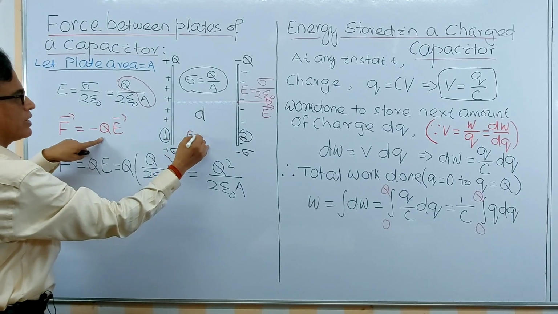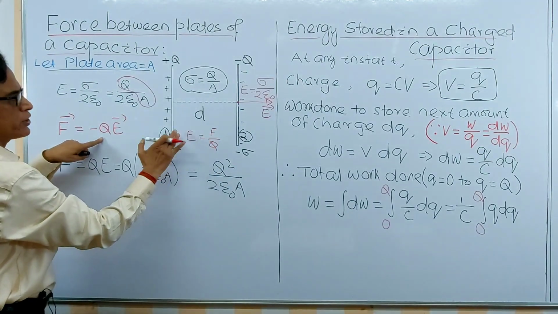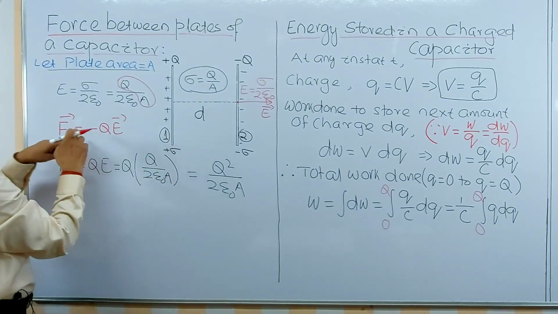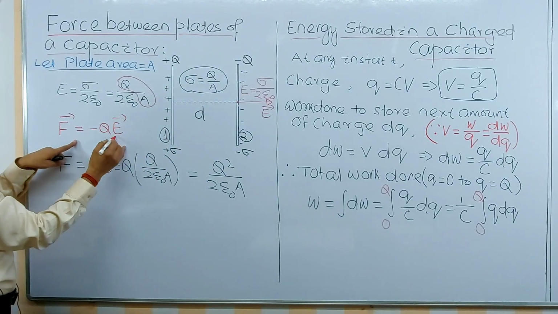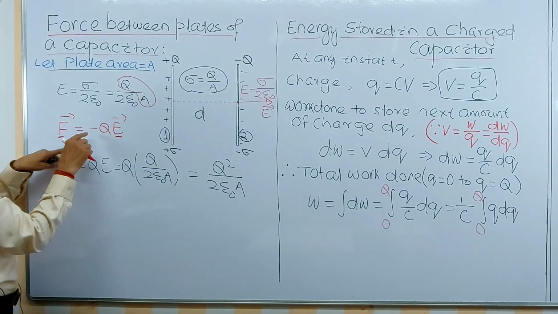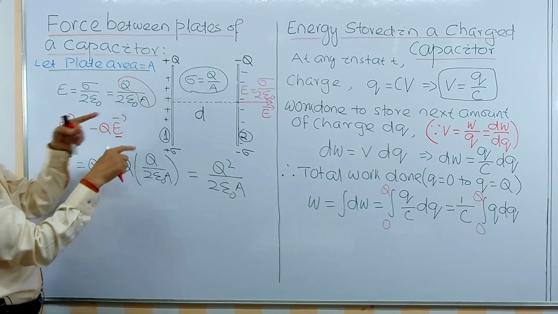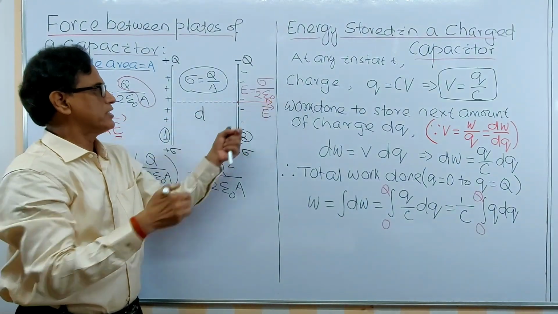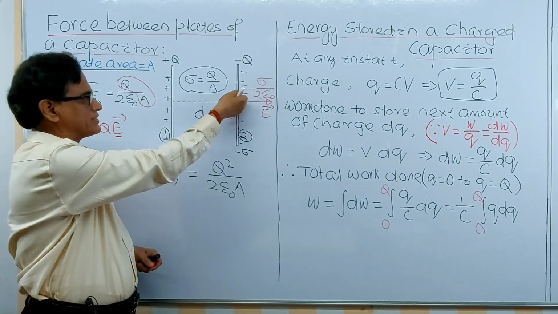You have a formula, E equals F by Q. So F equals Q into E. That's why here F is equal to minus Q into E because the charge is minus Q. So this is the E vector, this is the F vector. The minus sign indicates that the force is opposite to the electric field. Electric field is towards right. So the force is towards left, which means there is an attraction.